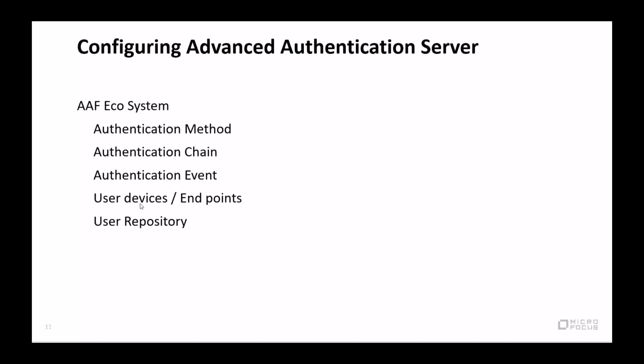User devices are the endpoint devices which trigger an event, which in turn presents screens for authentication. User repository is the repository where user information is present. It can be a local user source or an LDAP user source.